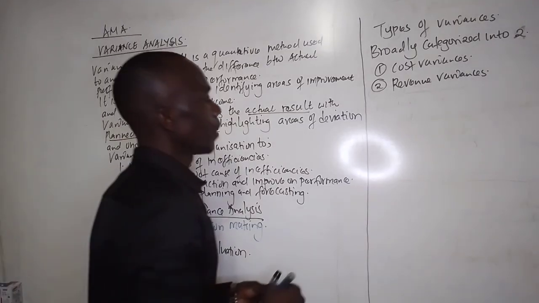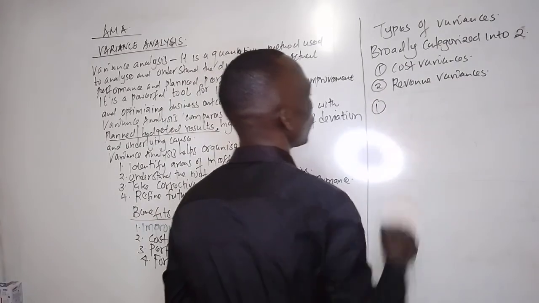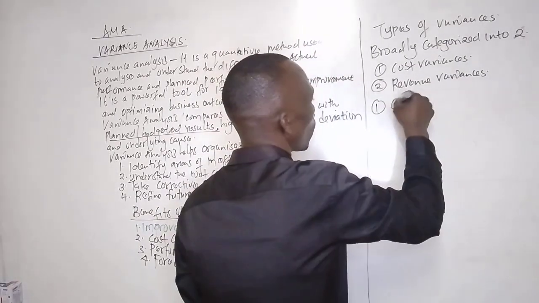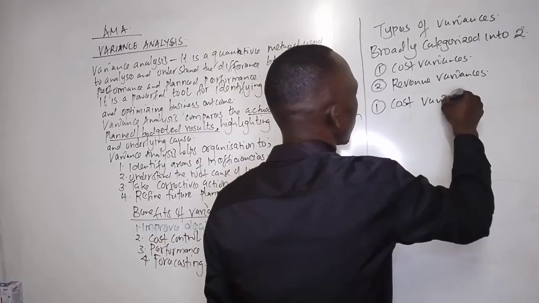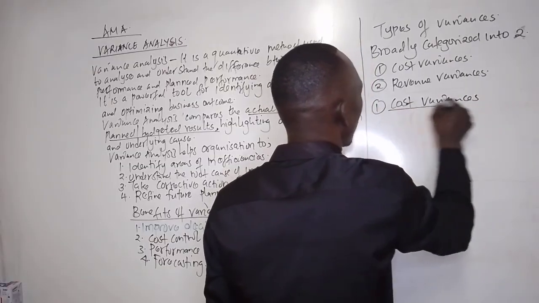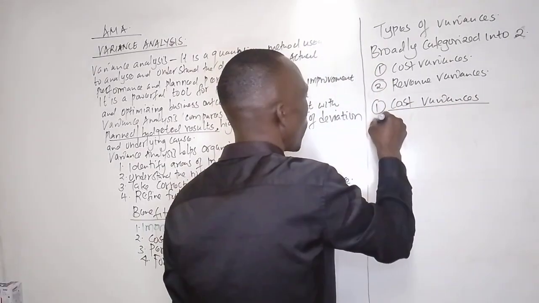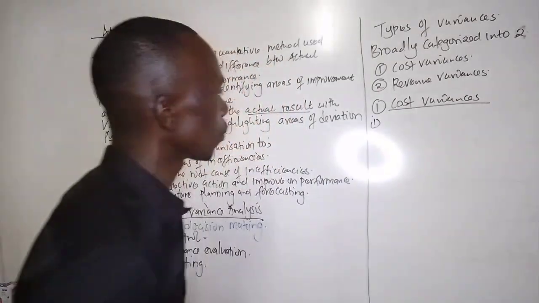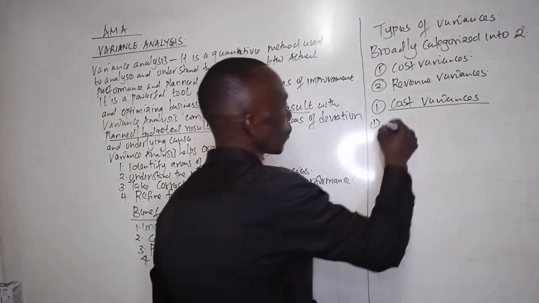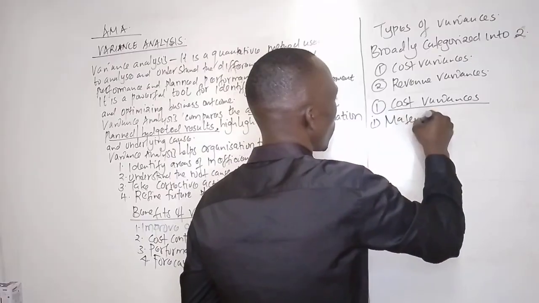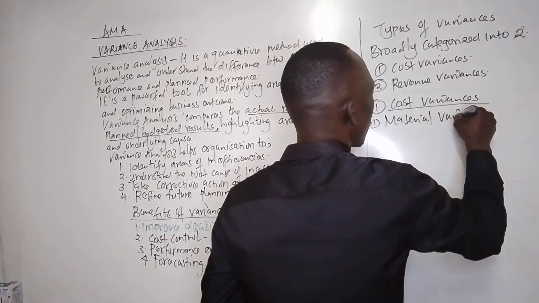Under the cost variances, we have various costs. The first variance that we are going to discuss is what we call material variances.